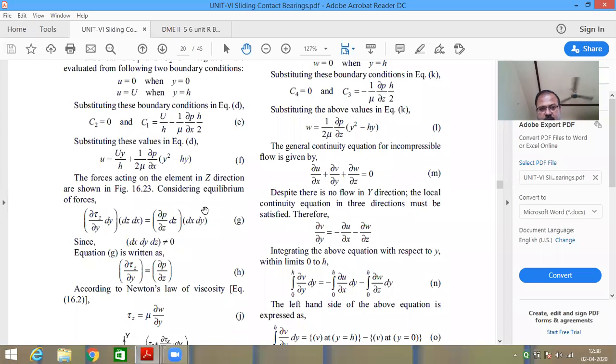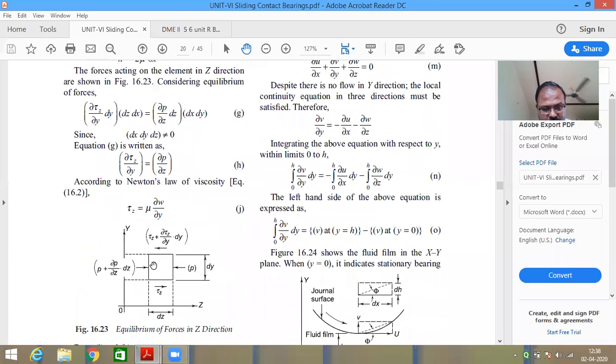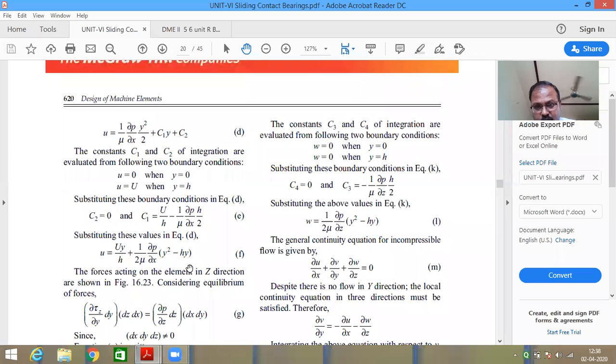Similarly, we can go in the z direction and you can have another equation. This is in the YZ plane. You will get w, the velocity in the Z direction. There will be no equation in the y direction because there is no flowing of lubricant in the y direction. So in the x direction, this is the equation, and in the z direction, this is the equation.